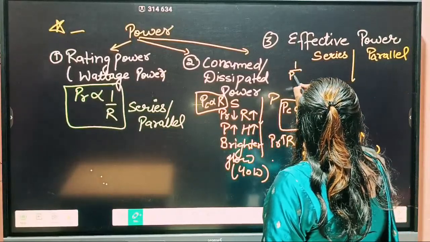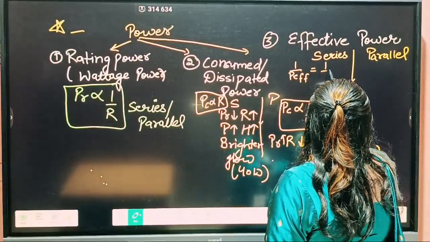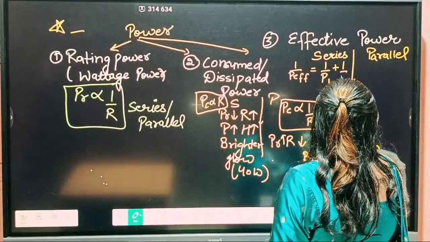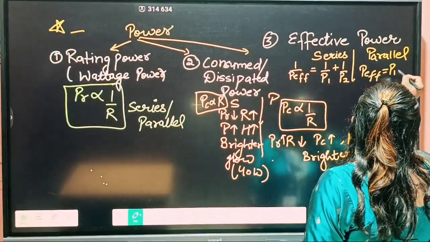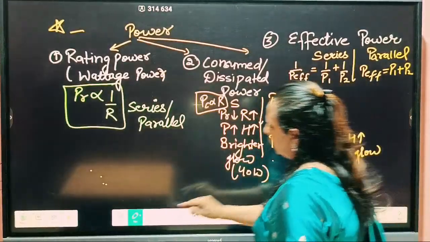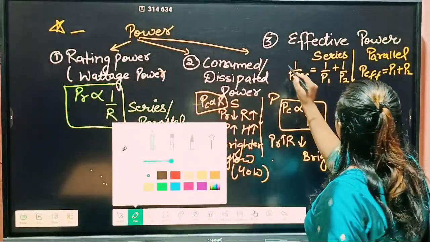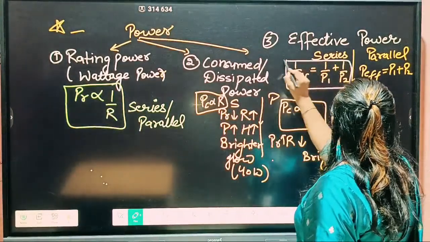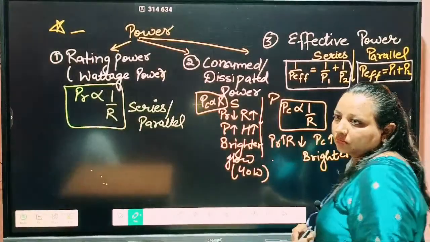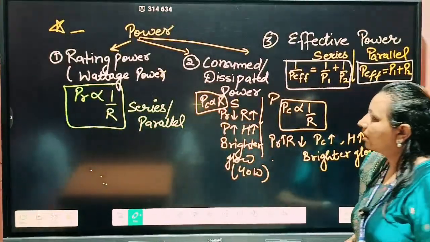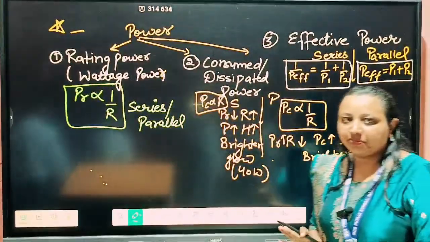So 1 upon P effective is equal to 1 upon P1 plus 1 upon P2. Here P effective is equal to P1 plus P2. Right? So this is the formula for effective power.